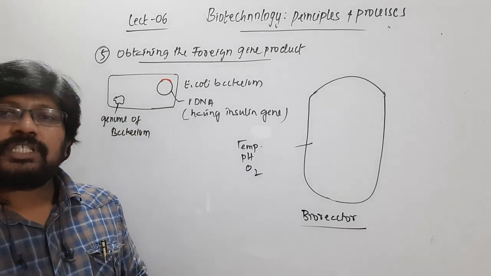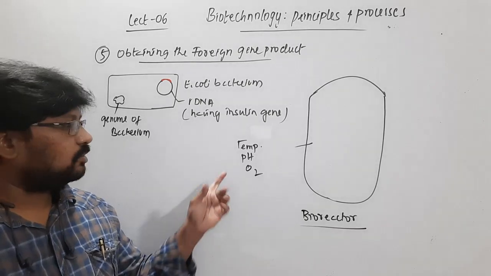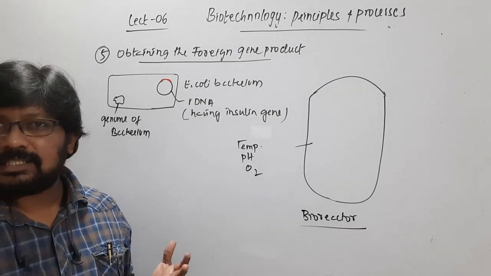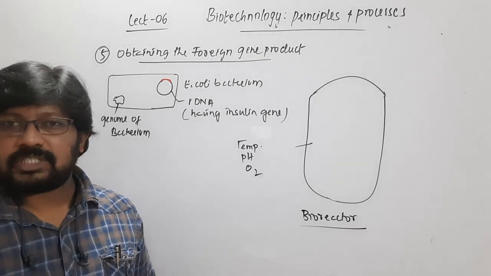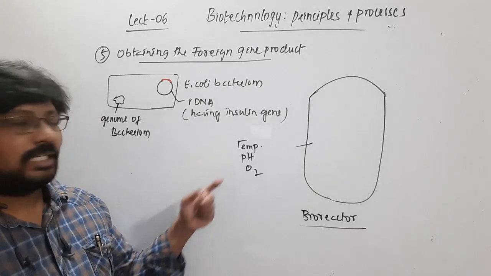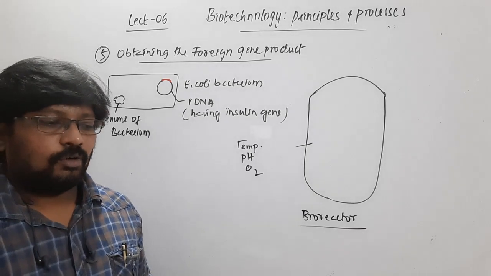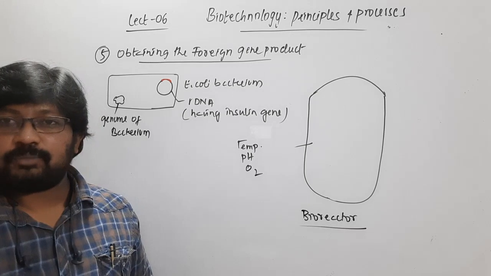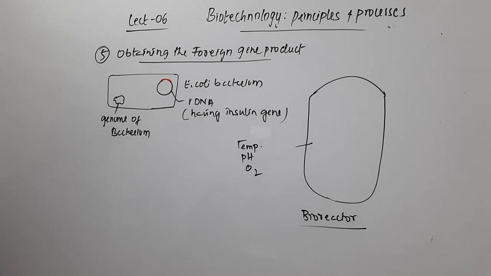A computer connected to it will control all those temperatures, even mixing the contents inside, so that the bacteria or the host organisms or cells will be able to get enough oxygen, and so that they multiply at their faster rate, so that we get that recombinant protein at the earliest. Right. So we'll see now those types of bioreactors.